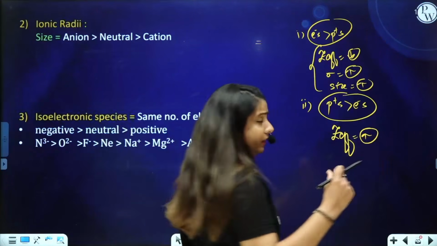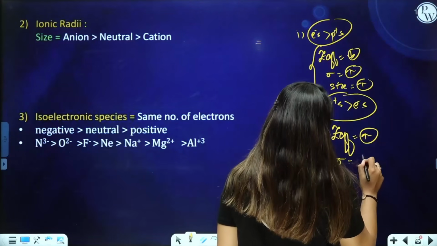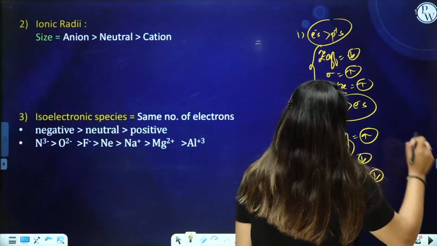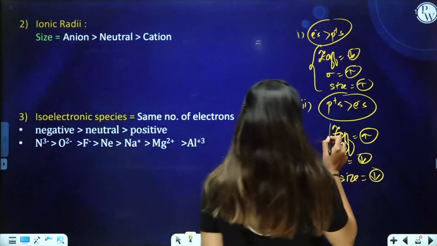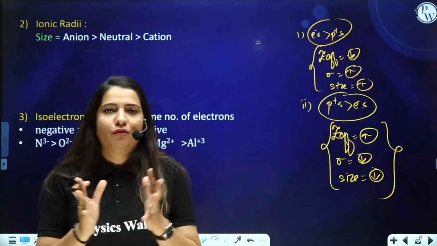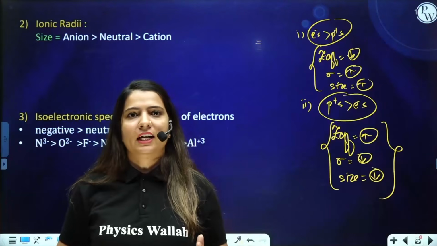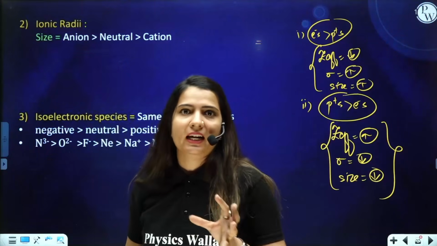So whenever the protons increase, Z effective increases, sigma decreases, size decreases. Remember this. What is Z effective? Z effective is the actual charge experienced by the outermost electron after all the repulsive interactions due to the inner electrons.